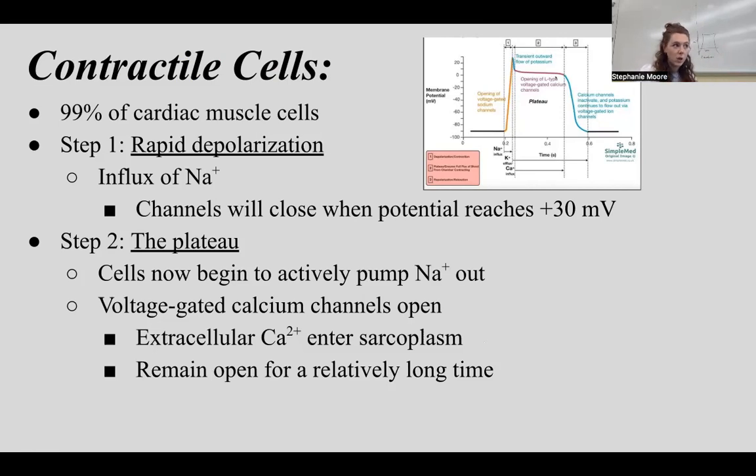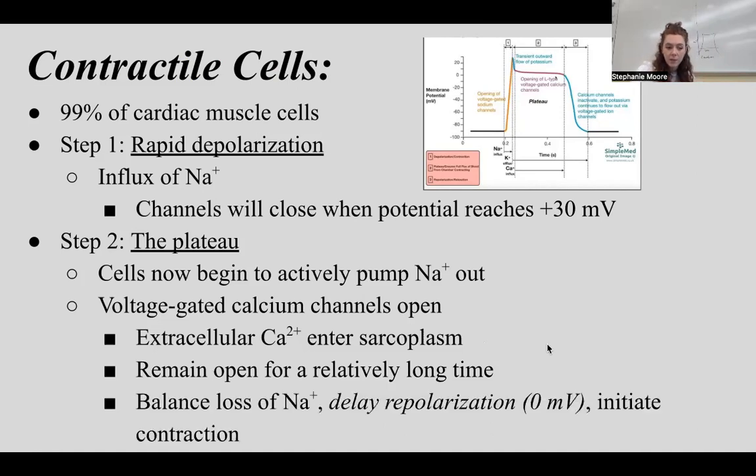This plateau and those channels remain open for a relatively long time. And that balance, the loss of sodium and the influx of calcium, allows a cardiac contractile cell to delay repolarization.